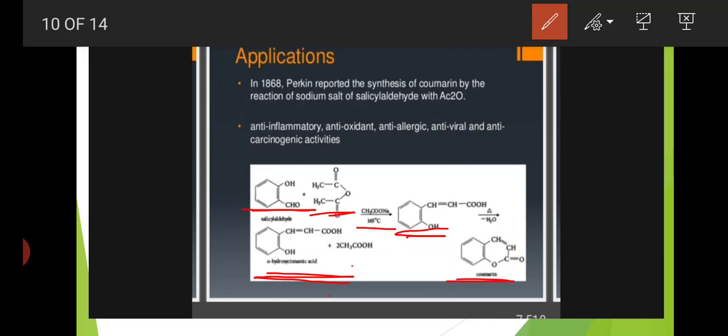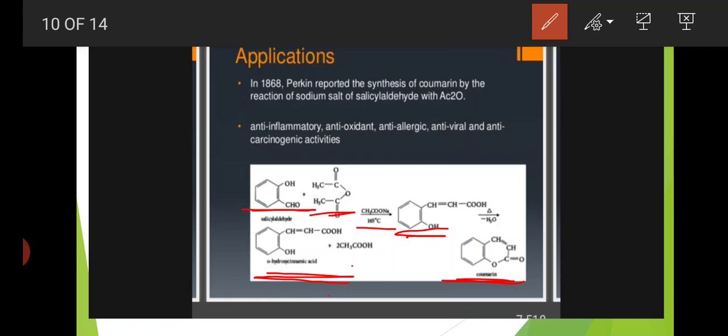Here this is the coumarin product. This coumarin is used for its anti-inflammatory, antioxidant, anti-allergic, antiviral, and anti-carcinogenic properties.